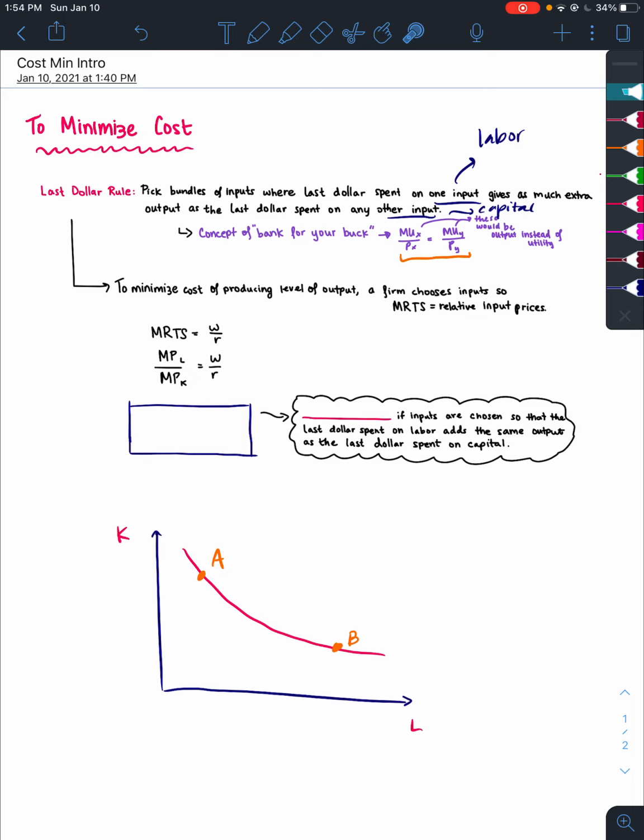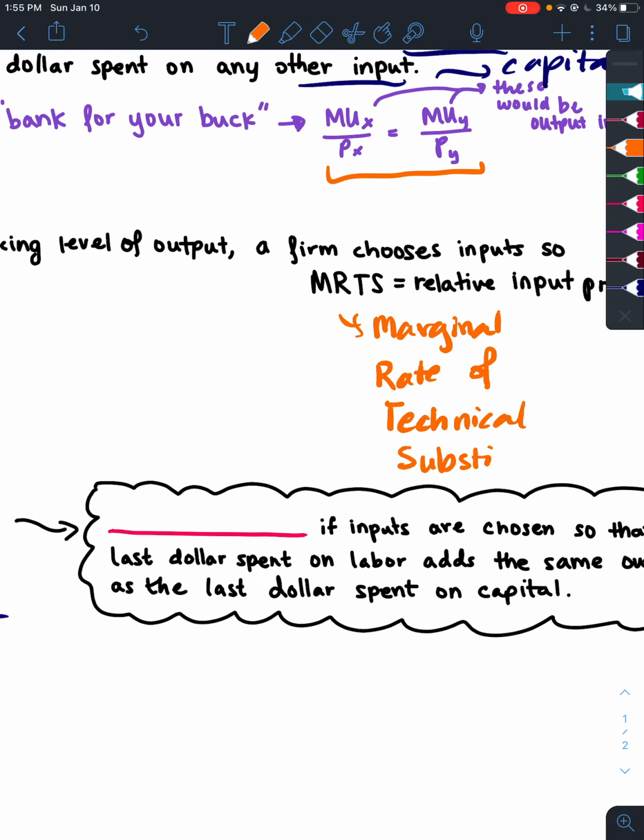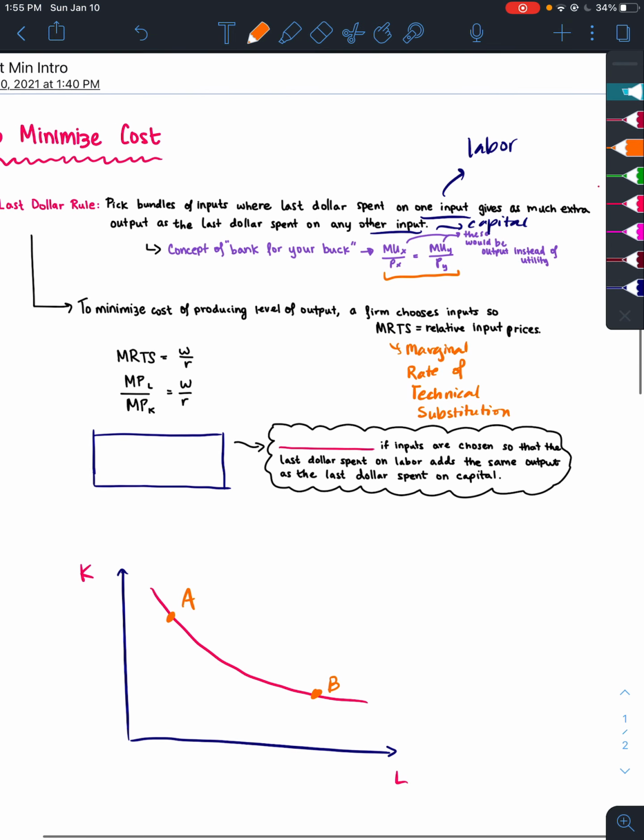Another way of writing this: to minimize the cost of producing a level of output, the firm chooses inputs so that the MRTS, the marginal rate of technical substitution, has to be equal to the relative input prices, right?